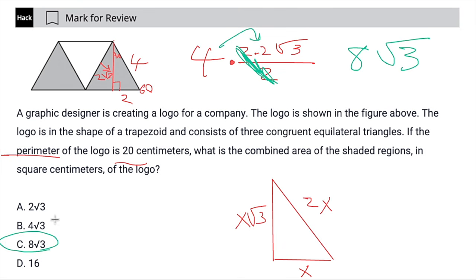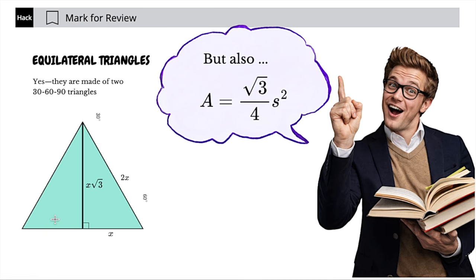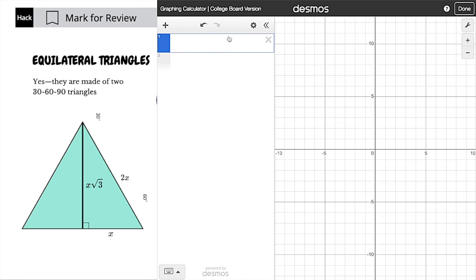Now, some of you might be thinking, what the heck? There's also this cool little formula for the area of an equilateral triangle. So yeah, you could totally use this as well. Basically, it's going to be one of your sides squared times the square root of 3 over 4. So if I were to put this into Desmos, for example, if you remember, all of our sides were 4.